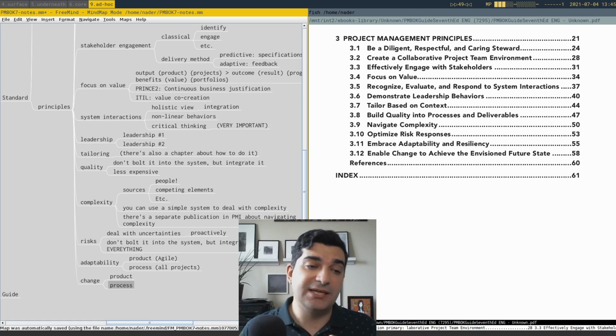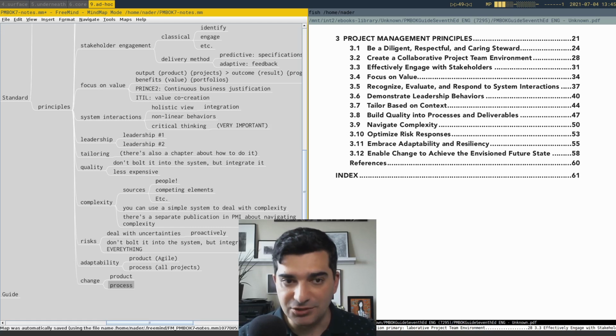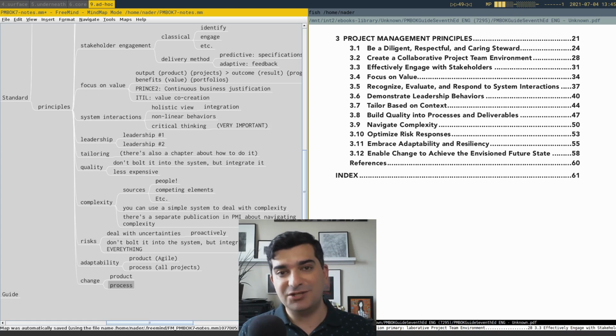The other thing is that what we do with our processes inside the project, that's also about a change. And that change should be taken care of. And as you can imagine, both of these last two principles, adaptation and change, they have a lot to do with tailoring.